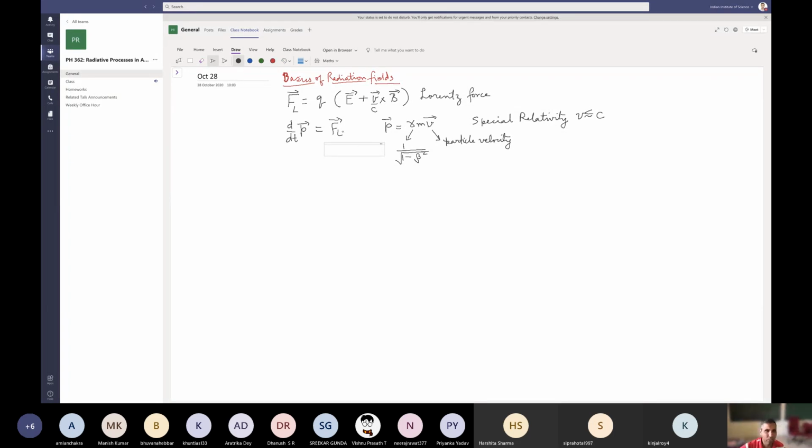So this is the equation of motion, and beta is this velocity divided by c. Basically, relativity says that nothing can be accelerated to the speed of light, and the speed of light remains the same whatever frame you look from.